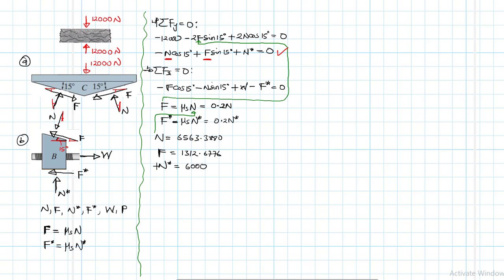And if we replace this N here, then we'll find that F star can also be calculated, because we are just multiplying this N star by 0.2, and this gives us 1200.